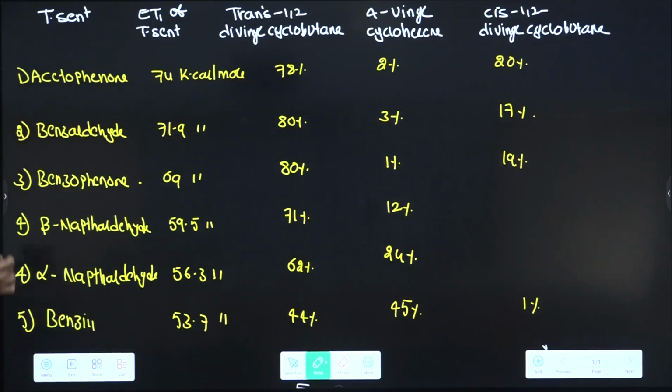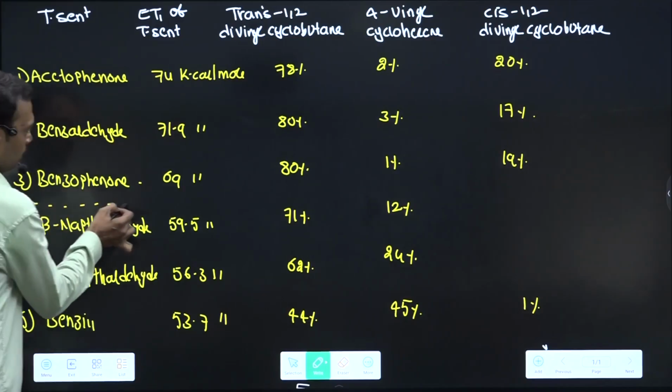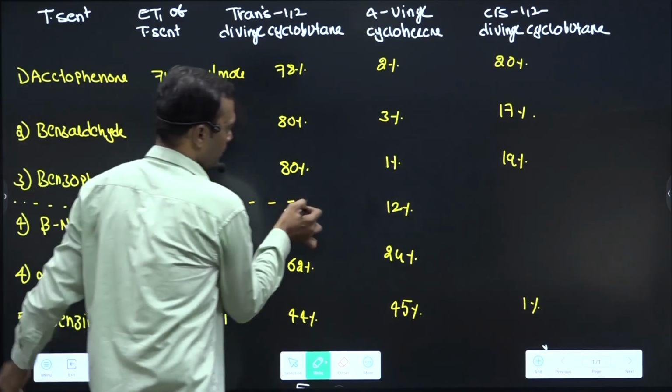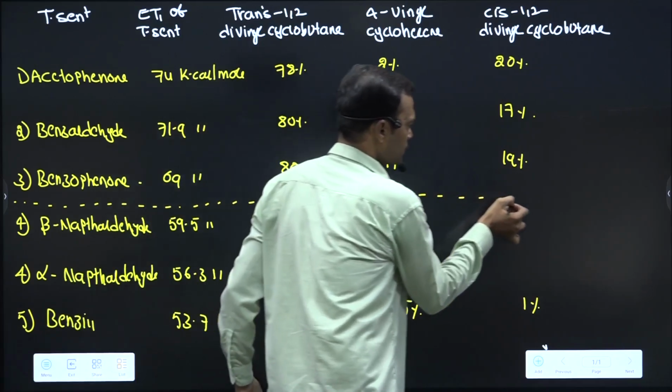So you remember this? See here, more than 60: first 3. Less than 60: next.